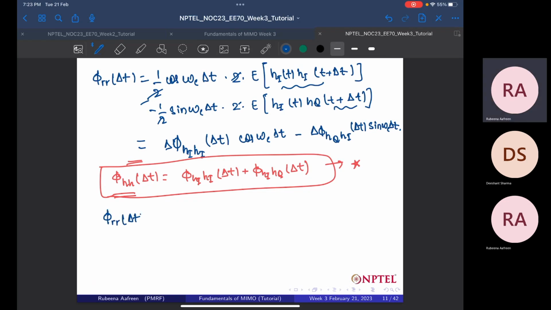We have phi r delta t is the real part of phi hh delta t e to the power j 2 pi f c t, right? And hi we know as summation of n, c n cos of phi n. Here phi n we are taking as uniform from 0 to 2 pi.